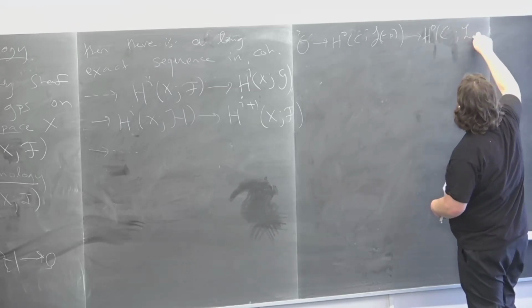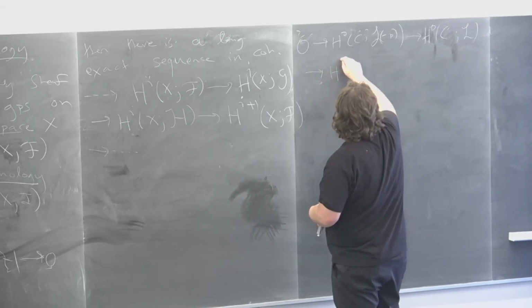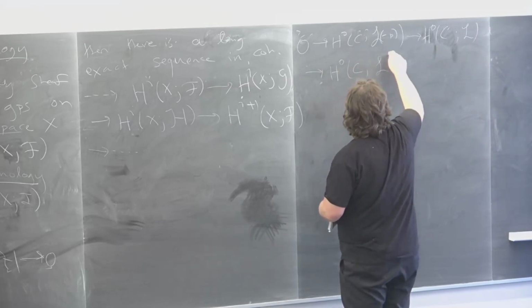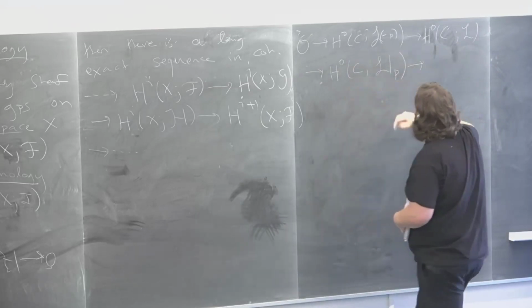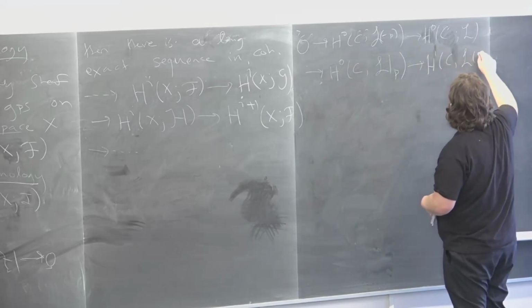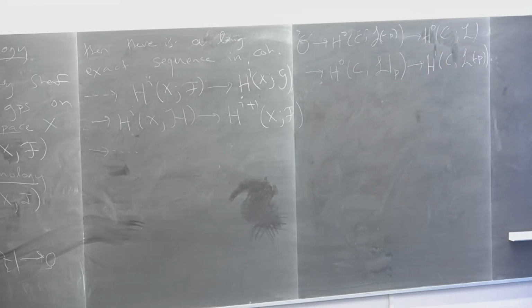C L, H0 of the skyscraper sheaf, and then I go to H1 C of L minus P. So I see now the thing that causes me trouble is my L minus P might have H1.